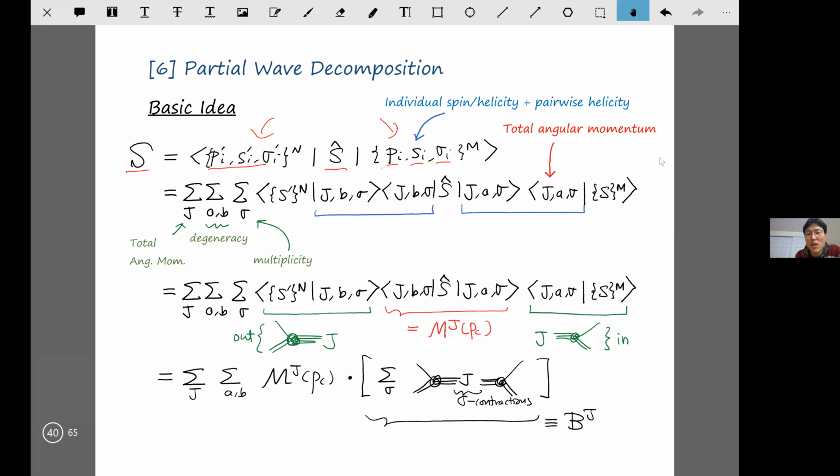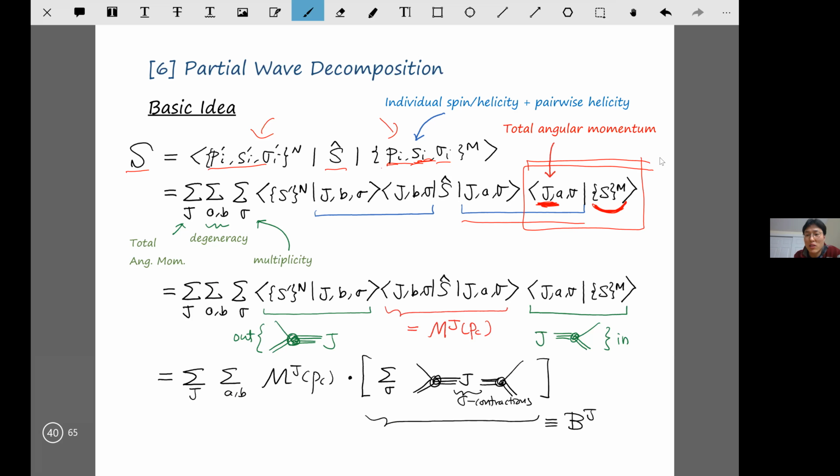Now, I want to insert a complete set, but this complete set of bases is in terms of total angular momentum instead of individual spins and angular momenta. This overlap, if you remember, is like when there were J1 and J2 representations and I want to get the total angular momentum J1 plus J2 representation, or the J1 minus J2 representation.